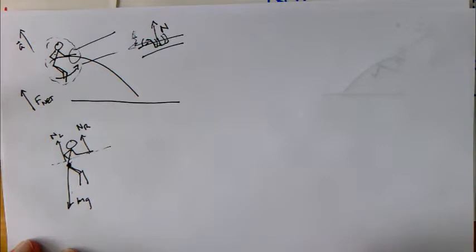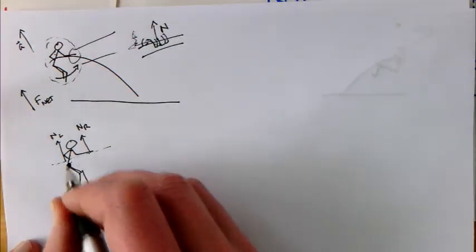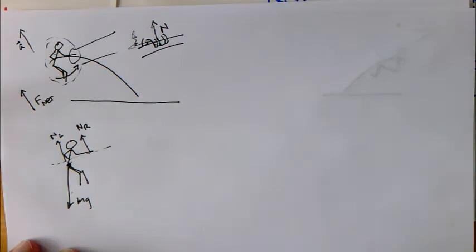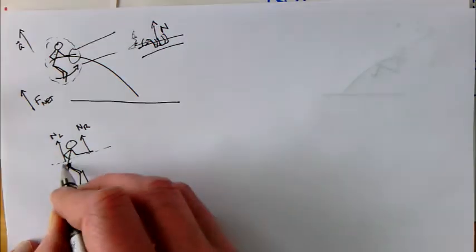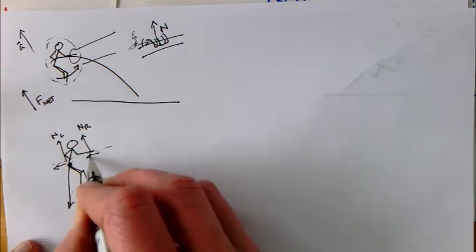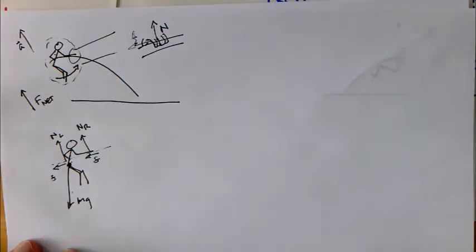And furthermore, there probably is some sort of frictional force. If you think about it, the runner presumably is holding onto this pole. The pole wants to push them backwards because the pole is bent. The pole would like to straighten out and push the runner backwards. So there's also some amount of frictional force that's acting on the runner's hands.